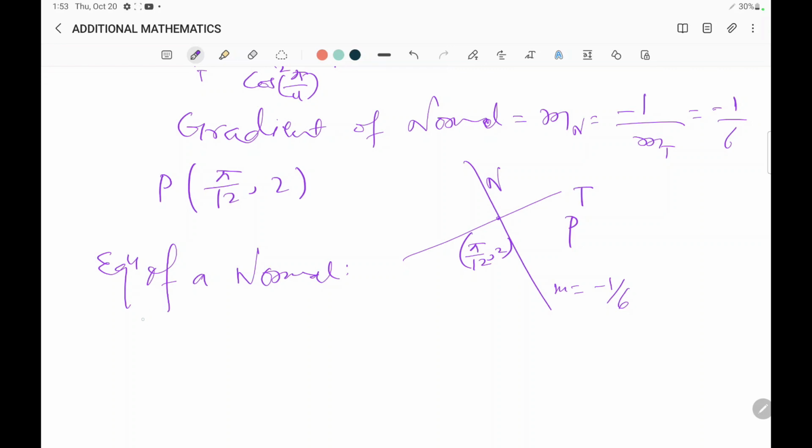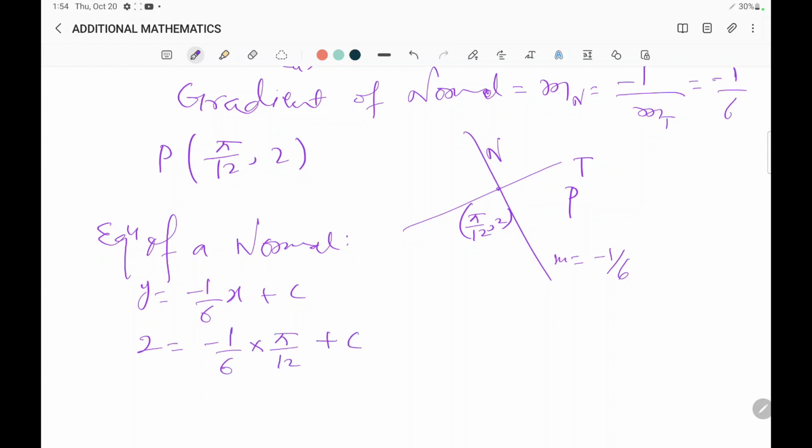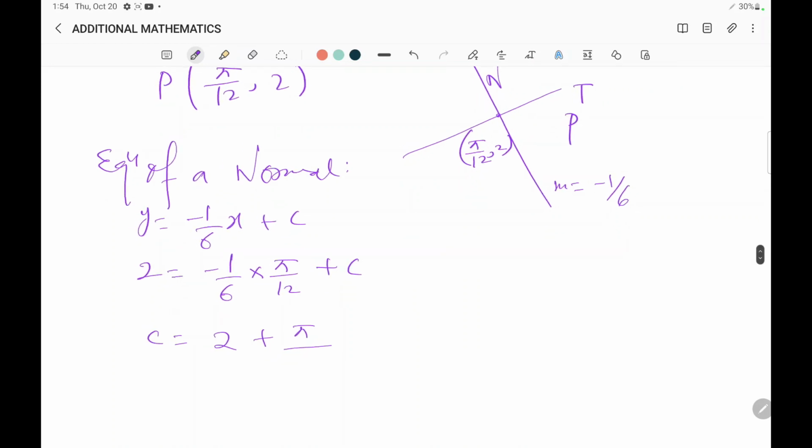The equation of the normal is y equals mx plus c. m is minus 1 over 6, and we have to find the value of c. So the line must pass through this point. So 2 equals minus 1 over 6 times pi by 12 plus c, right? So guys, c equals 2 plus pi over 72.